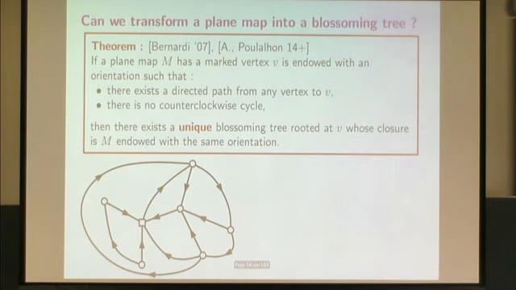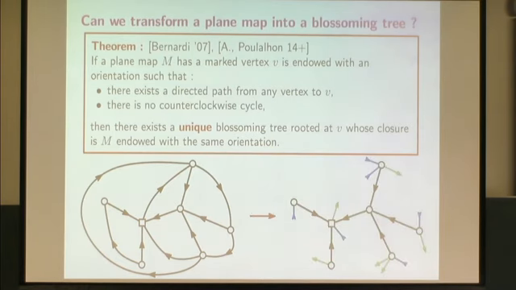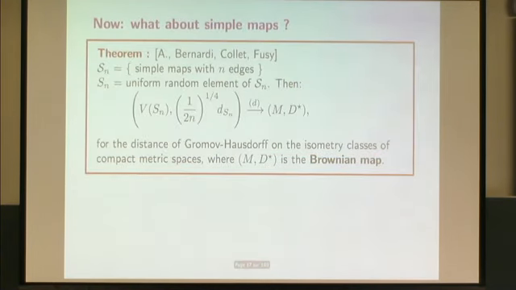Okay, so now, what about simple maps? Let me remind you a bit of the setting. We are going to consider the set of simple maps with n edges. It's a finite set. We can sample uniformly at random a map among this set, and we consider it as a metric space.